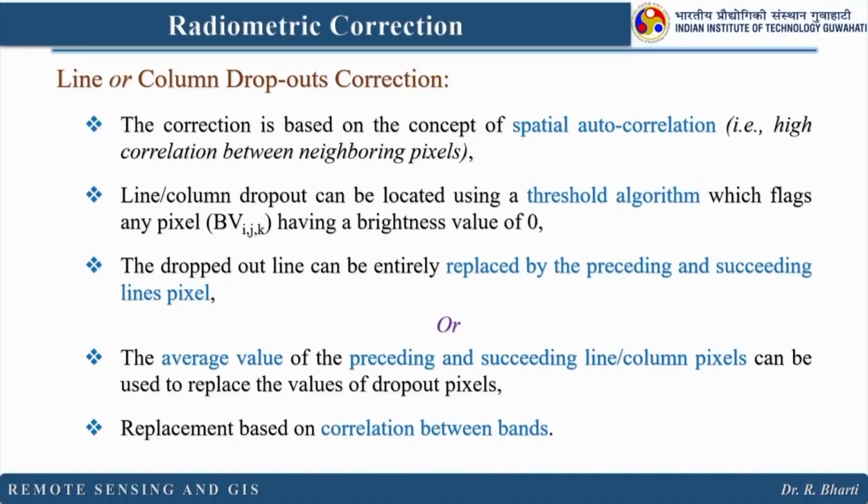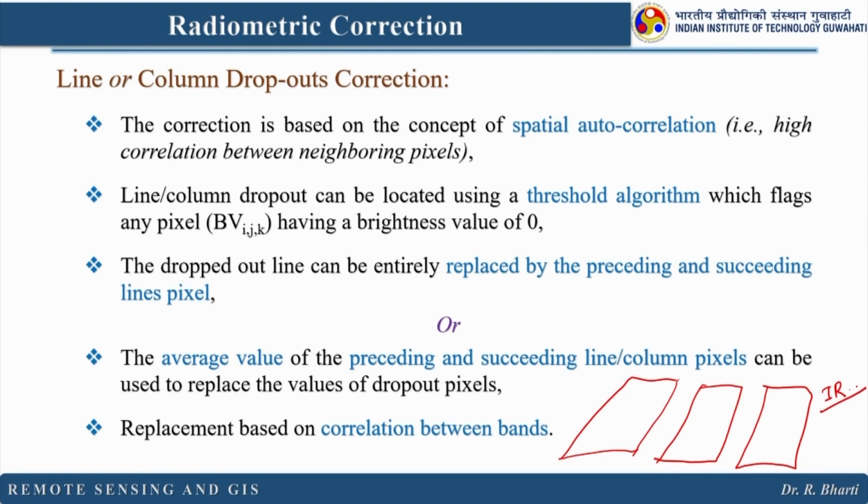And replacement based on correlation between bands. Suppose you have 3 bands in the infrared region, and one of them has this line or column dropout, and the rest of the bands are good.